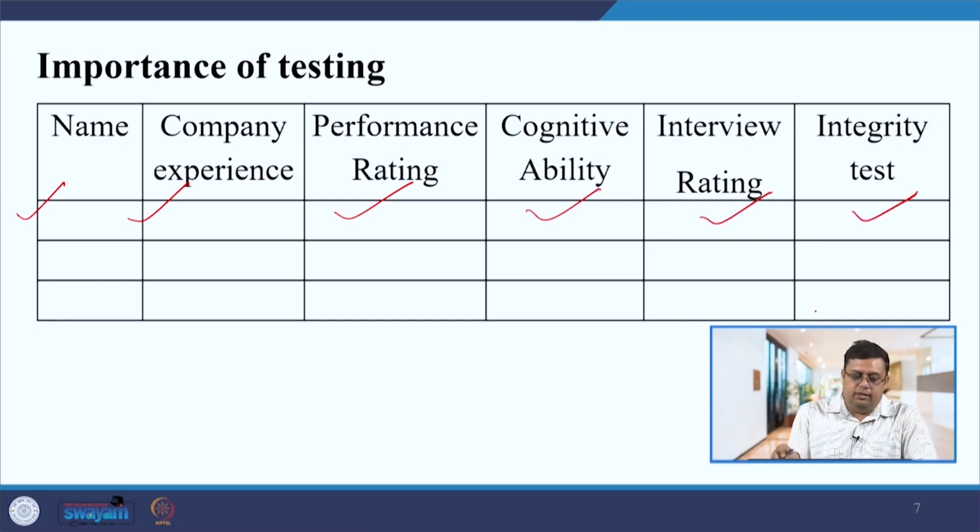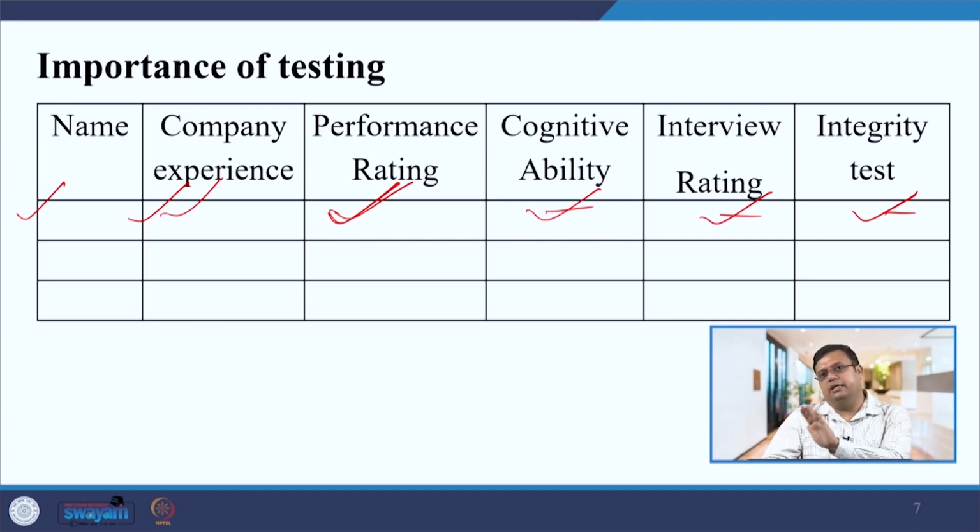So, these are all the tests and ratings, and here the performance rating is there. If in all tests the employee has performed so well, and the performance rating is also so high, and that person is continuing with the work, it indicates that the candidate assessment was correct.